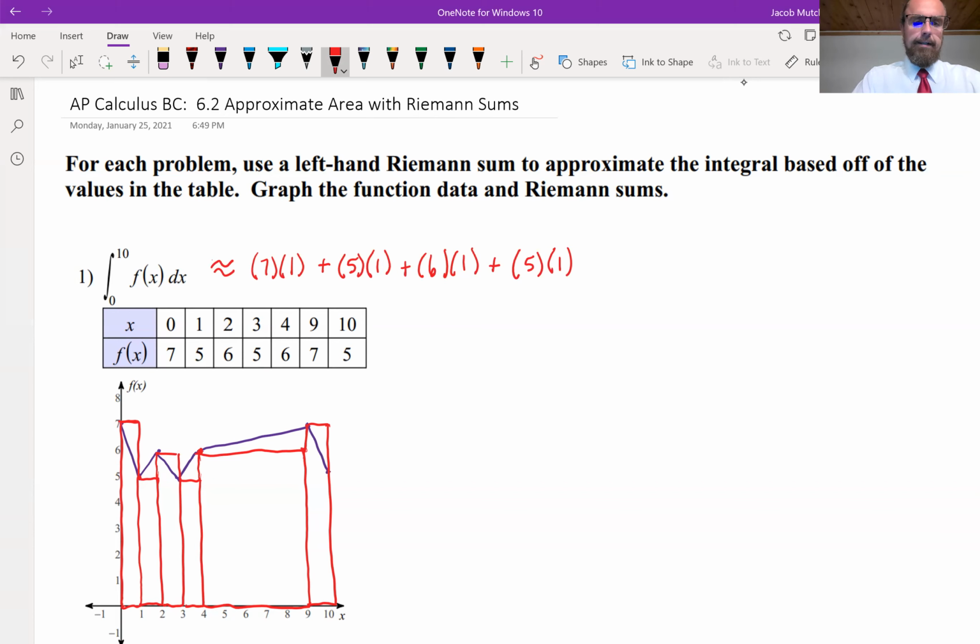My fifth rectangle is the one that's much wider than the others. It does have a height of 6, but its width is much bigger. It's got a width from 4 to 9, so that's a width of 5. And then our last, sixth rectangle there, height of 7, back to a width of 1.